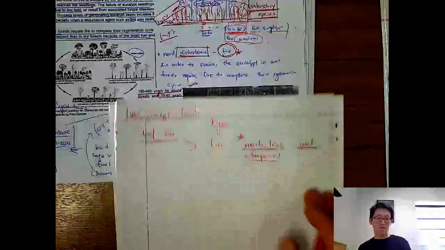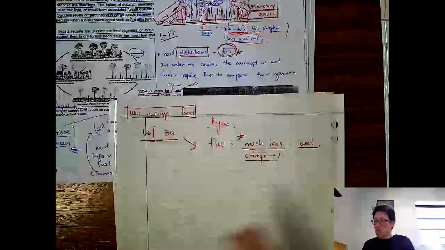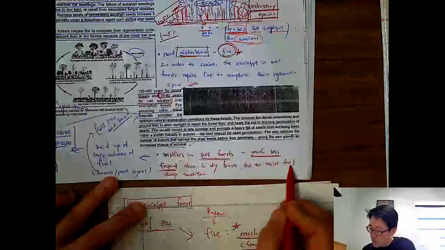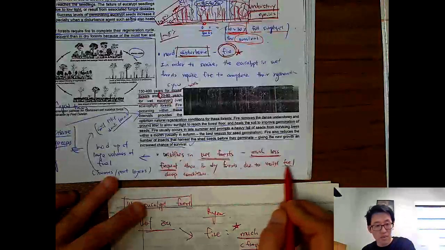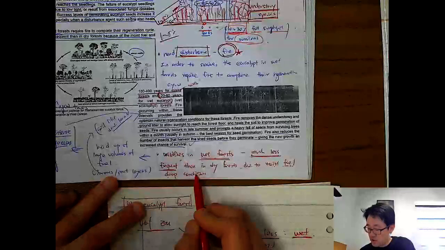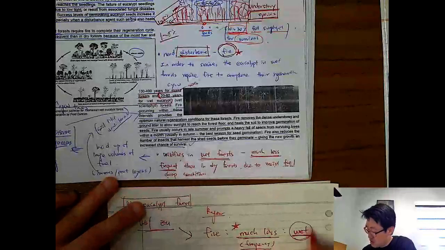It's wet, so a small fire is not really going to burn those things. Due to moist fuel, the fuel is timber here, forest, trees, and damp conditions. It's wet.